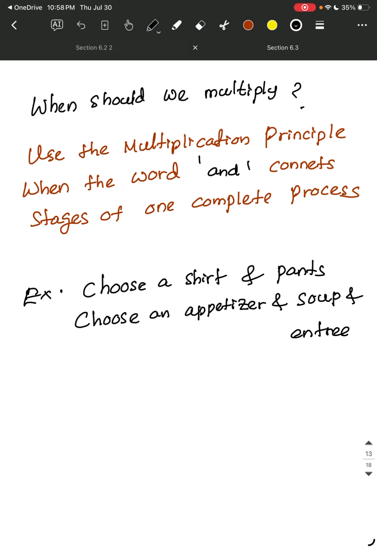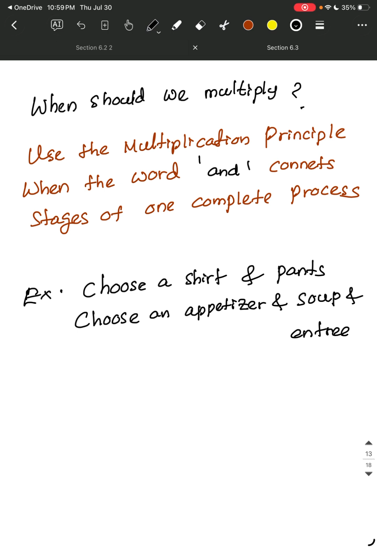Assuming repetition is allowed when the problem says it is not. Assuming repetition is not allowed when no restriction is stated. Using the number of stages as the answer rather than multiplying the choices. Treating different orders as the same when order actually matters. Therefore, please keep those common mistakes in your mind, and let's summarize today's lecture.